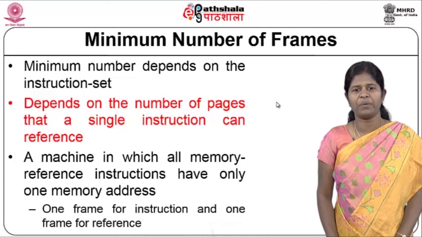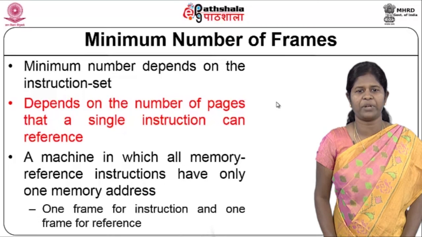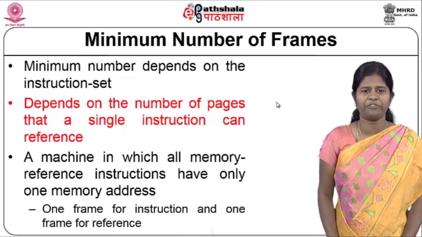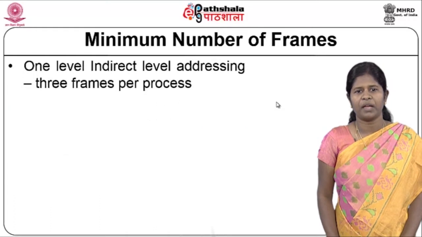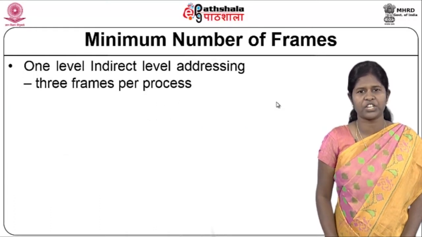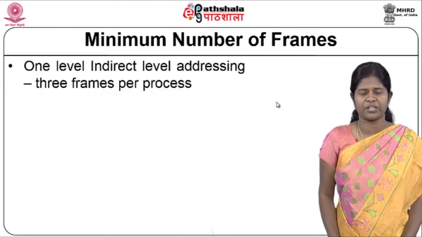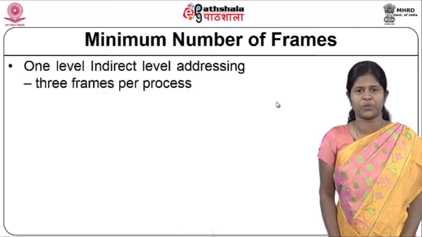Say you have a machine in which all memory reference instructions have only one memory address. Then there will be a need for one frame for the instruction and one frame for the reference. And if you have instructions which need one level of indirect addressing, then you will need 3 frames for each process.